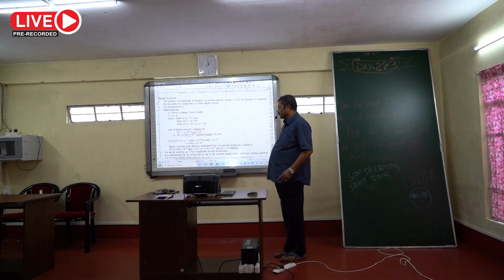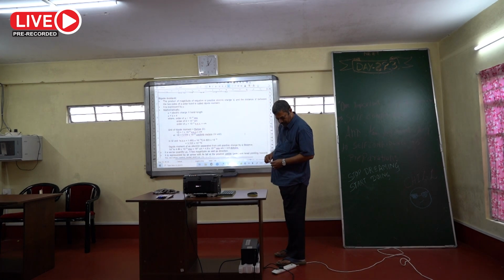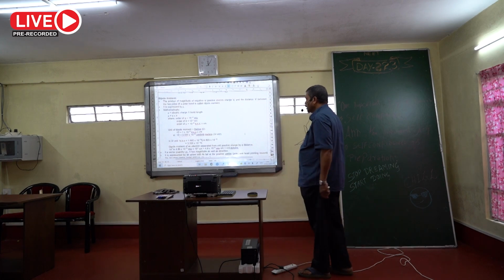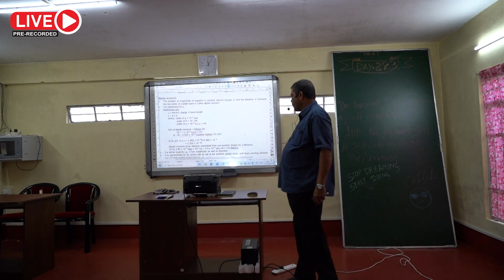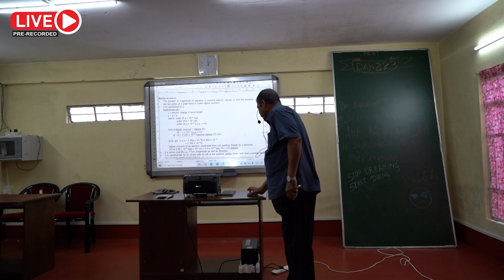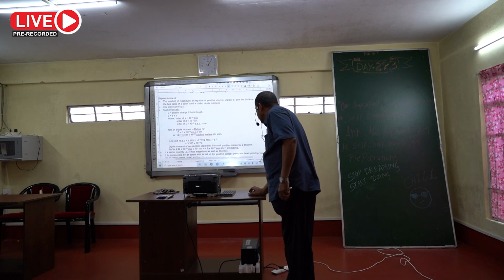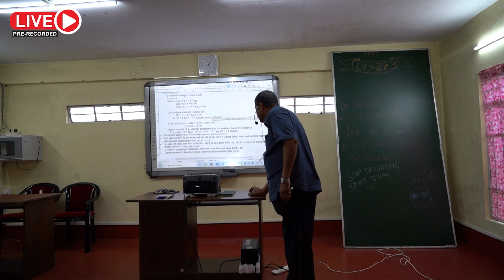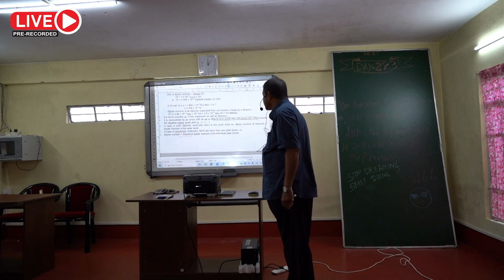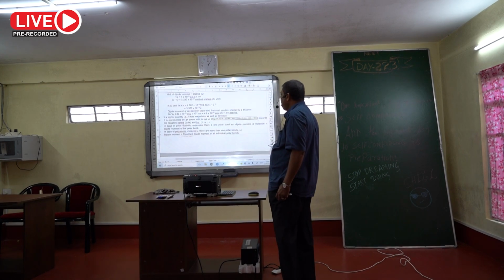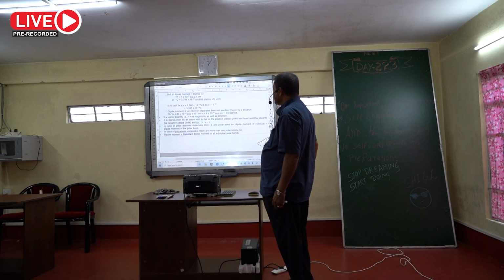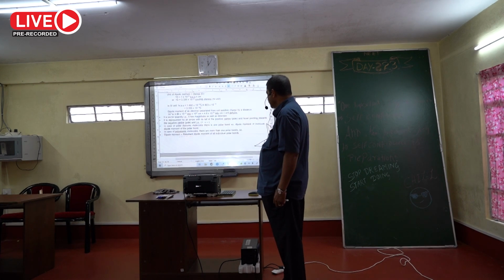Coulomb meter, then the SI unit. It is a vector quantity, we already mentioned all these things.